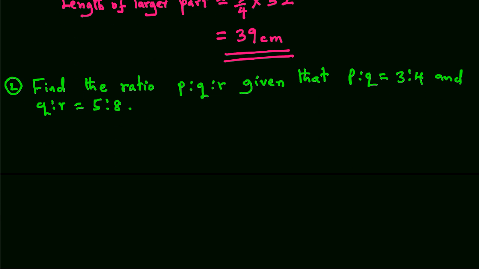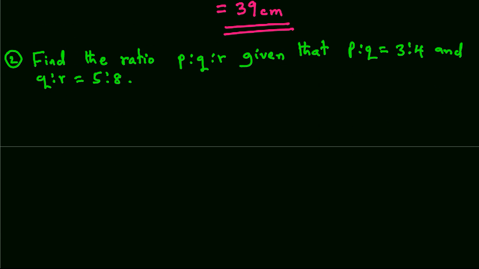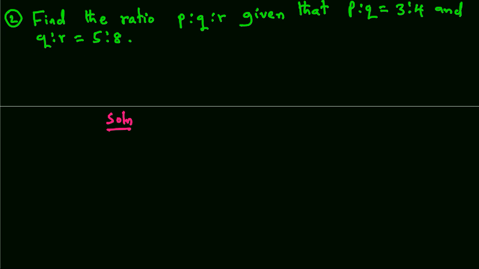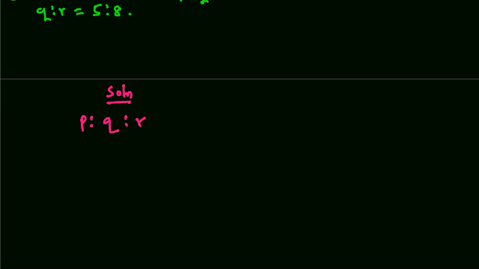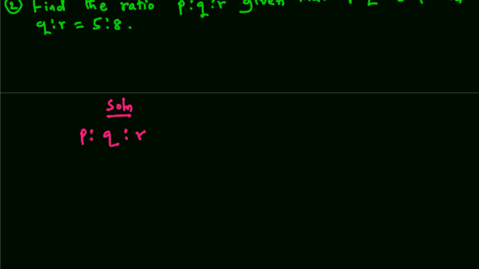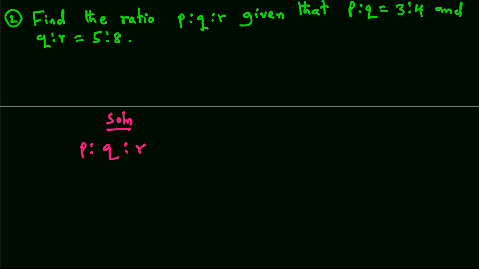Another question, we are required to find ratio PQR given that PQ is 3/4 and QR is 5/8. So in this case, we arrange them in order P to Q to R and fix what has been provided. So ratio PQ is given as 3/4 and QR is given as 5/8.